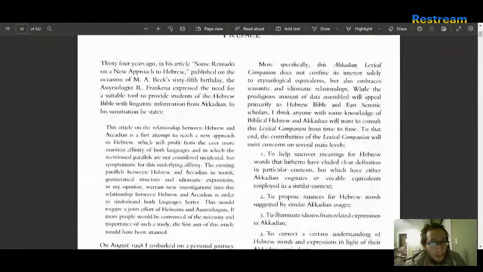So this scholar expressed the need for a suitable tool to provide students of the Hebrew Bible with linguistic information from Akkadian. In his summation, he states, "This article on the relationship between Hebrew and Akkadian is a first attempt to reach a new approach to Hebrew, which will profit from the ever more manifest affinity of both languages, and in which the mentioned parallels are not considered incidental, but symptomatic underlying affinity.